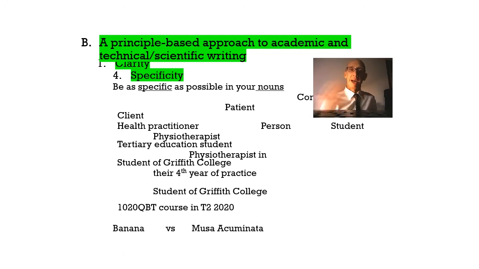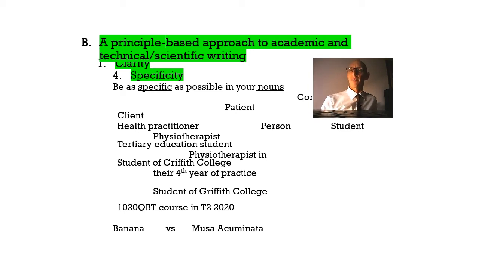Now, banana versus Musa acuminata. Which one is more specific? Well, there are various species of bananas, right? One of them is Musa acuminata. Now, if we're talking about Musa acuminata, we're going to talk about certain pests and diseases, certain growth habits, certain production rates, certain needs in terms of cultivation. Whereas if we're talking about bananas, well, what actually are we talking about?